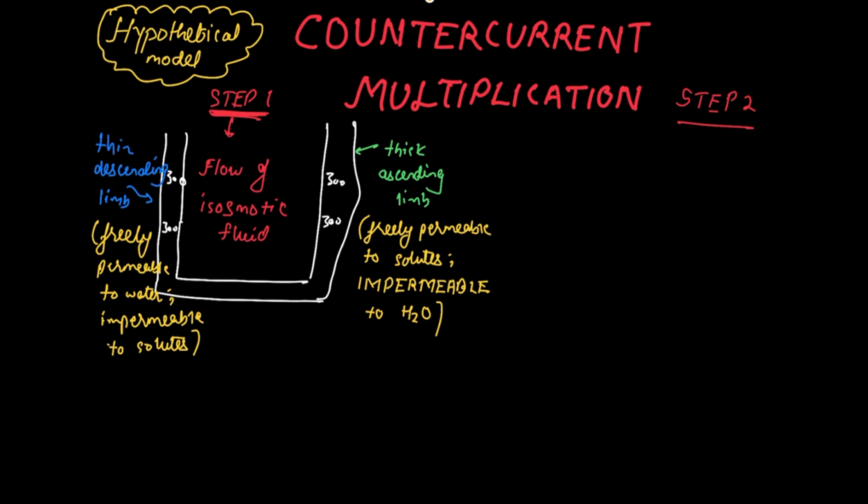Then we come to step 2. We have seen that the thin descending limb is freely permeable to water and impermeable to solutes, while the thick ascending limb is freely permeable to solutes. It has sodium potassium 2 chloride symporter on the apical side and sodium potassium ATPase pump on the basolateral side.